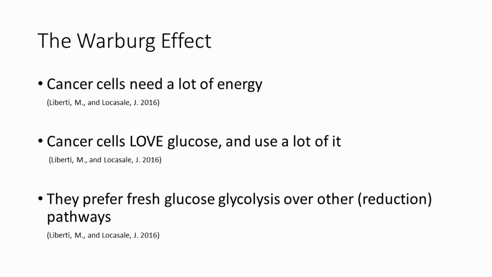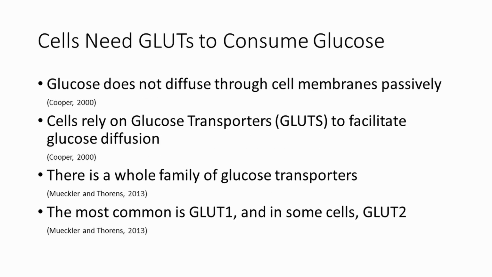So their demand for glucose is much higher than for many non-cancer cells. So then perhaps investigating genes that produce products that help cells consume glucose may provide insight into the cancer cell's ability to process glucose and grow and replicate.